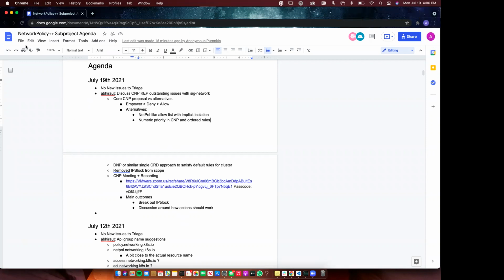Yeah, so Abhishek just messaged me saying that he's joining maybe 10 minutes late. From last meeting, as far as I remember, we spent a huge amount of time discussing in the community whether we should have those three actions which have priorities amongst themselves, or we should actually do the numeric priority in the cluster network policy.